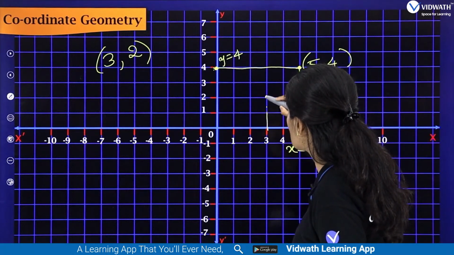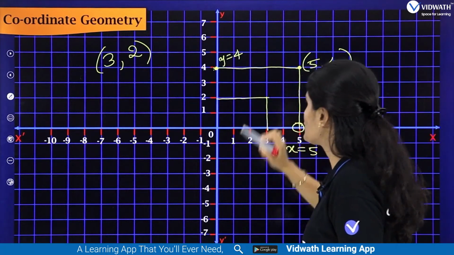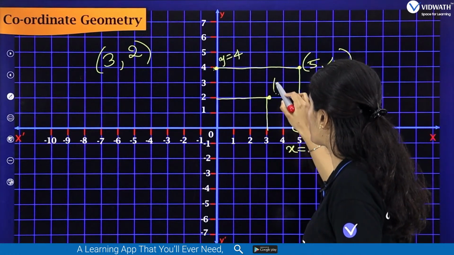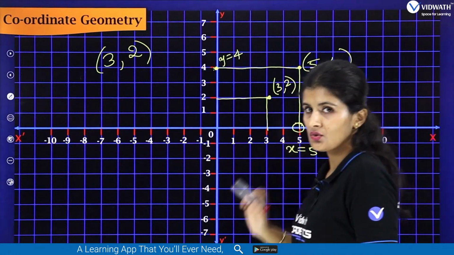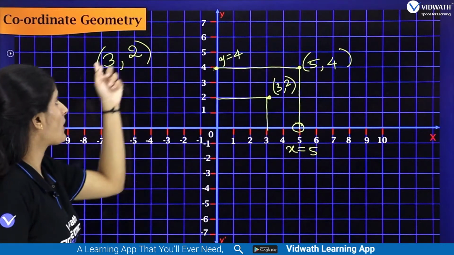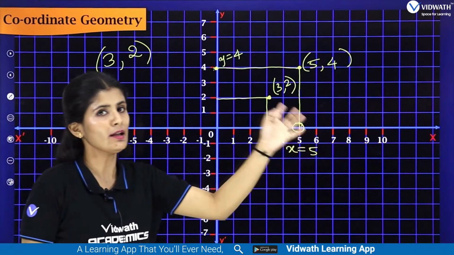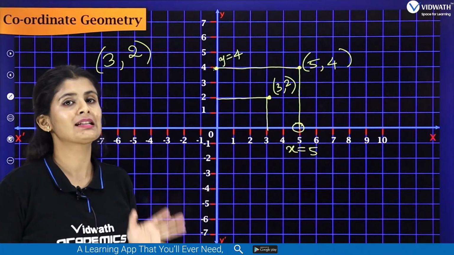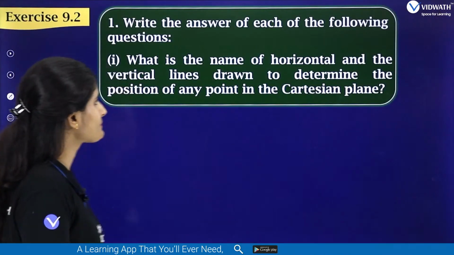Therefore, the point will lie at the intersection of both of these lines. So, this point is (3, 2). So, now we have seen if a point is given, we can write its coordinates. If the coordinates of a point are given, we can locate the point. By making use of this, let us solve a number of problems.